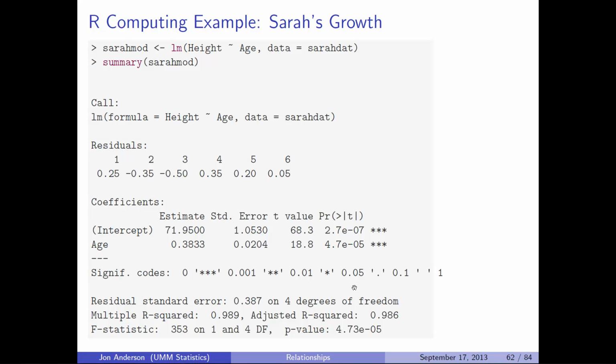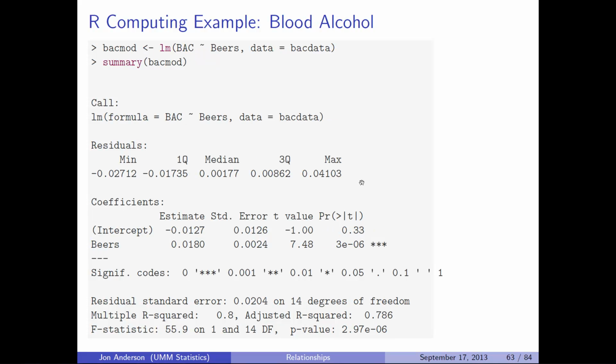So on this overhead, overhead 62, the numbers you really need to know about and be able to summarize are the estimated intercept A right here, the estimated slope B right here, the size of a typical residual S, and R squared. These four numbers are the big numbers you need to understand from this output.